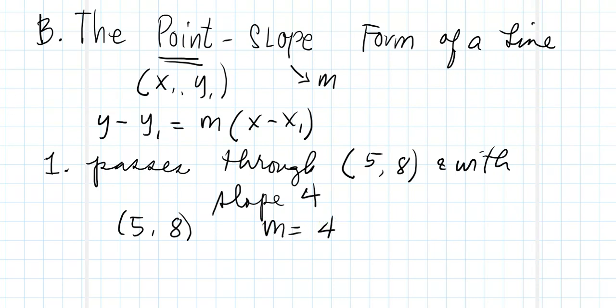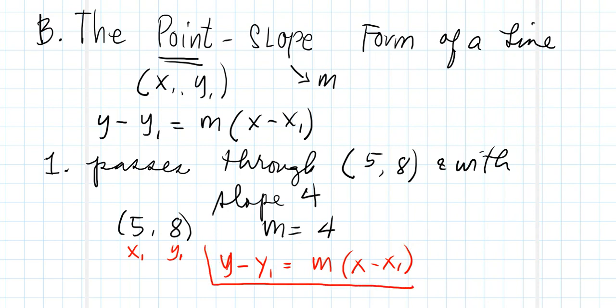So this is your x sub 1 and this is your y sub 1. Therefore, your equation would be y minus y sub 1 is equal to m times x minus x sub 1. This should be your equation using the point slope form.